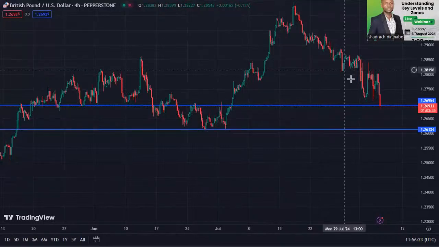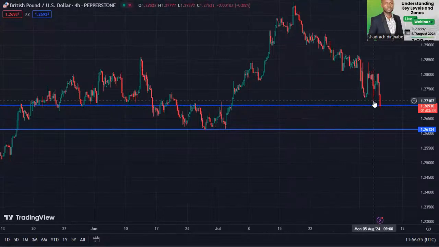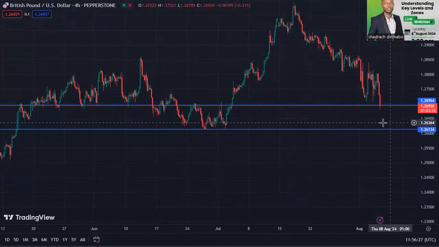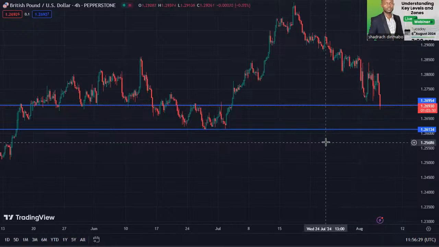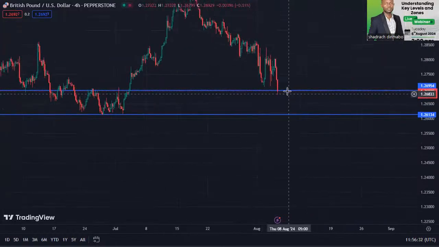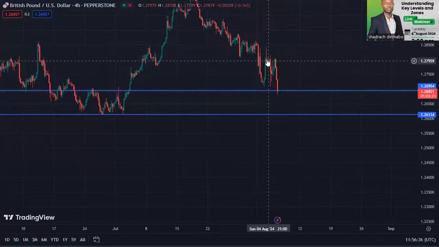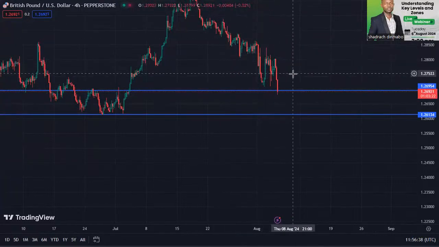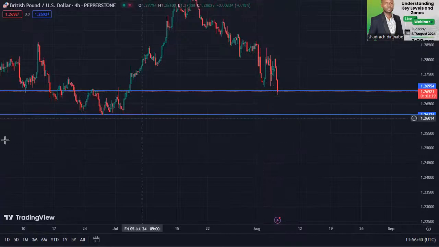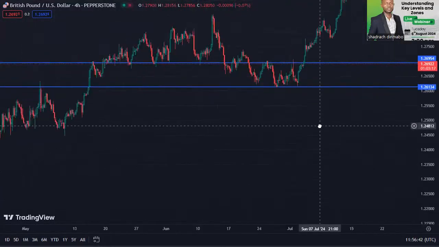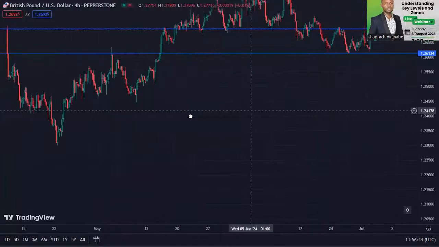Now, here you could see that this market has come back to this zone, and definitely there's going to be a reaction. Yes, it may break this zone, but there will be some reaction. And then, before having an impulsive move, most times for a market to break a zone, it requires an impulsive movement.